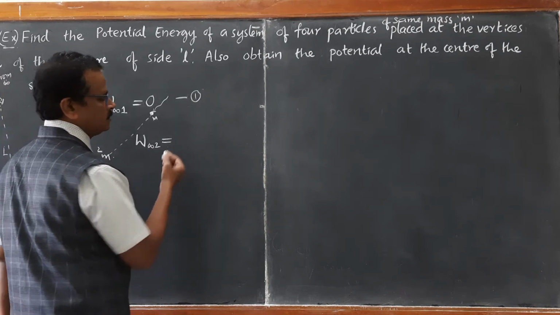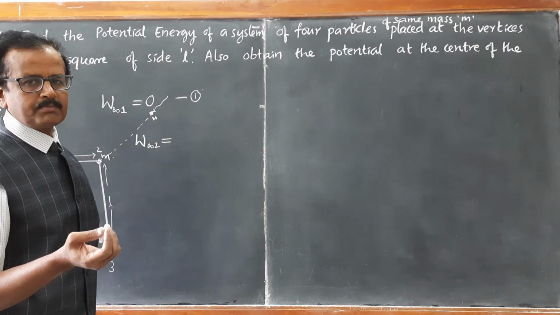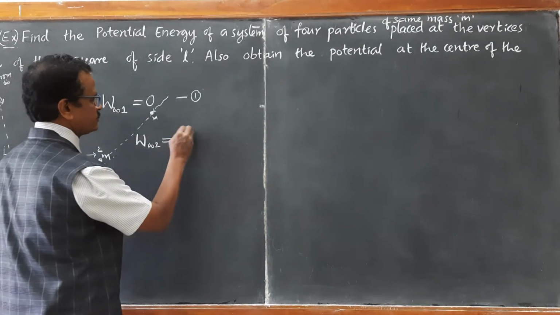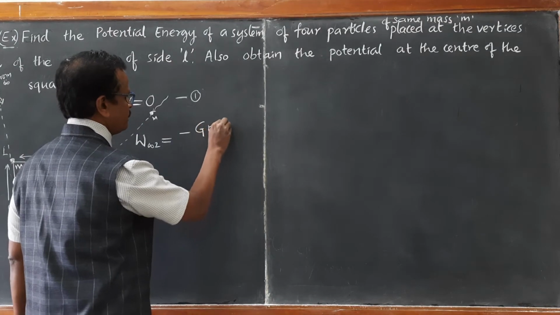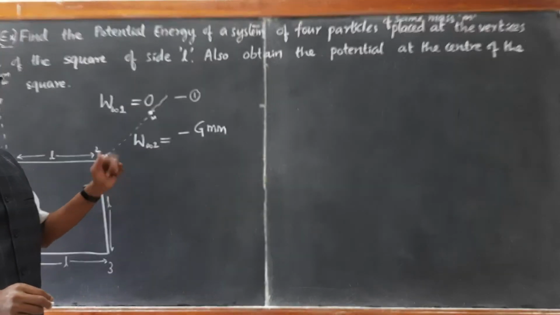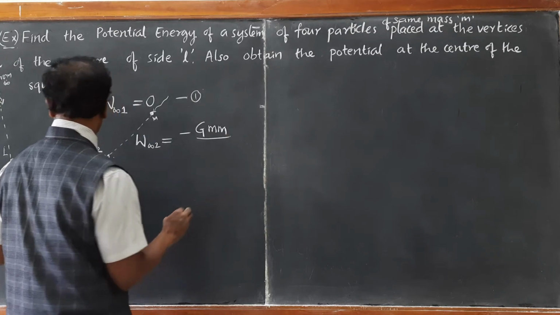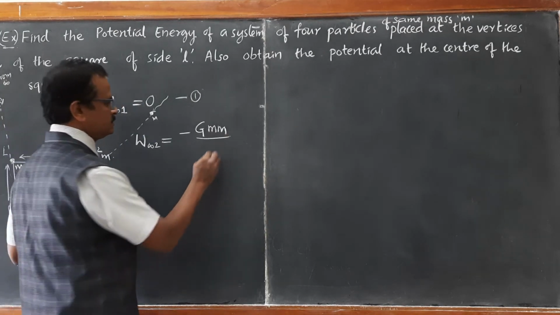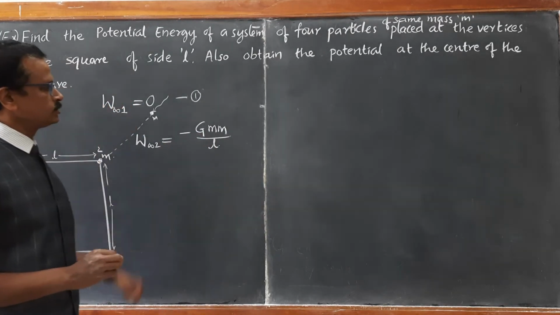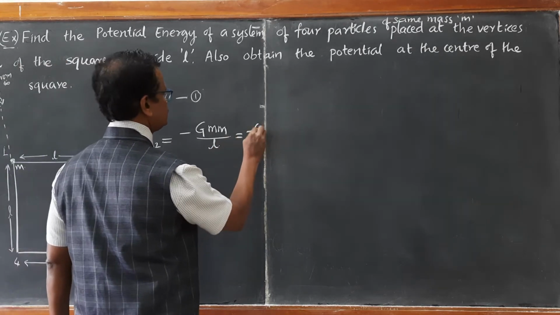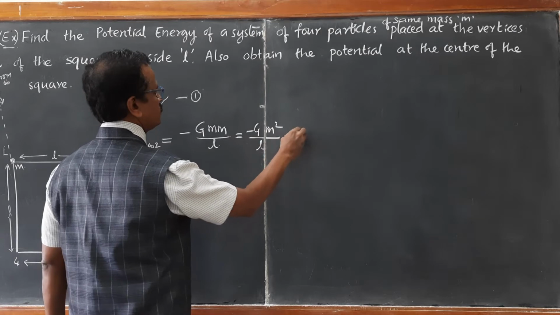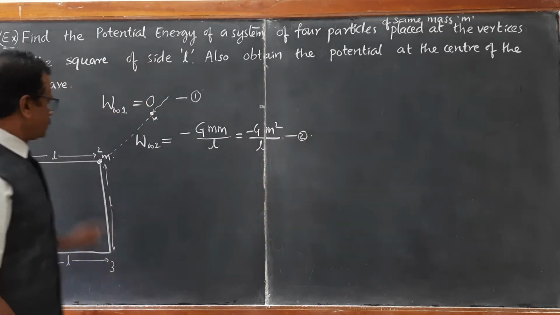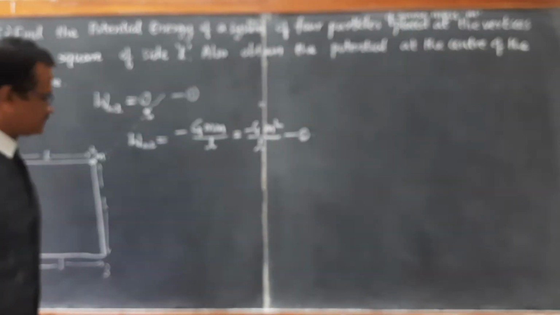So I will write the gravitational potential energy directly using the equation which we have derived: minus G m into m, because both the masses are same, divided by the distance between them, L. So thus it becomes minus G m square upon L.